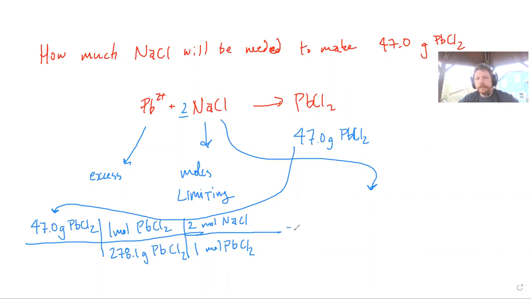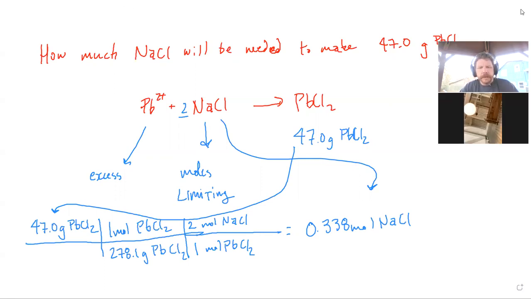So right now, I say 47 times 2 divided by 278.1, and I get 0.338 moles of NaCl. Does that make sense? Does anyone have any questions about that?